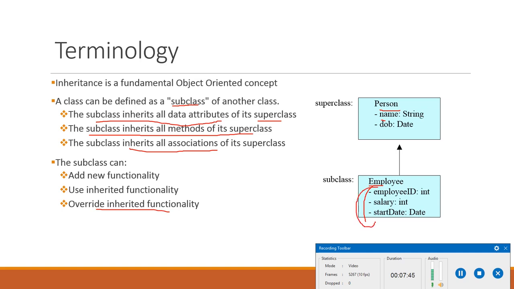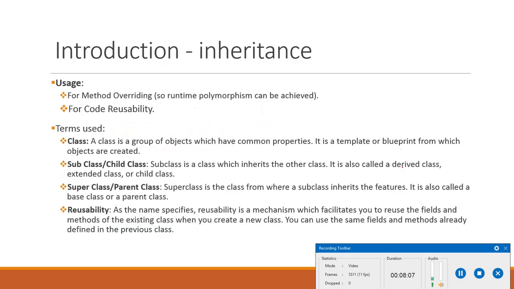These 3 variables belong to the employee class, and these 2 variables are inherited from the person class to the employee class. Person class has only 2 variables. Employee class has a total of 5 variables: 3 variables its own and 2 variables which are inherited from the person class.